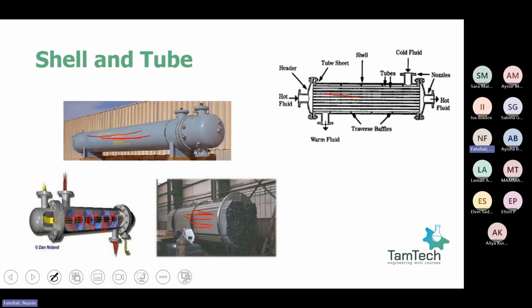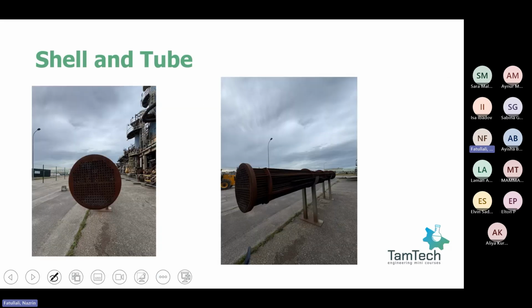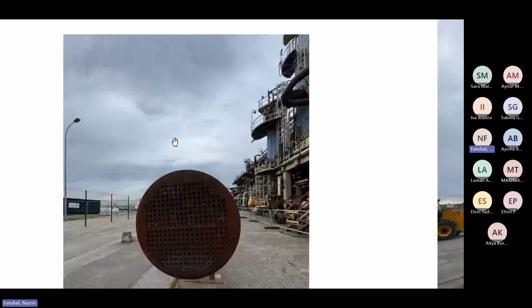But the most known one is the shell and tube heat exchanger. I'm pretty sure that you have heard about it already. You can see here just pictures, and I will talk about them. This is a picture from industry. You see here we have hundreds of tubes. These circles show how many tubes you have.